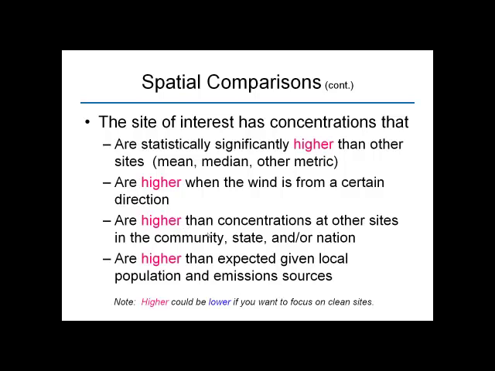You can show that your concentrations are higher than other sites in the community, the state, or the nation, which can be a very useful thing for showing that your concentrations are in fact impacted by a specific emission source or a meteorological phenomenon, or you're higher than expected given the local population and emission sources. All of these things are ways of doing spatial comparisons.